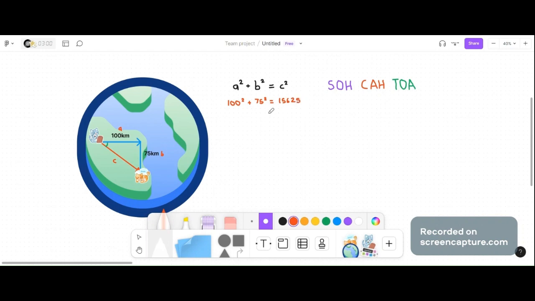And so that's equal to c squared. So c squared equals 15625.